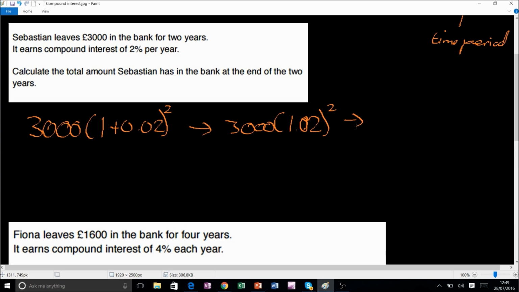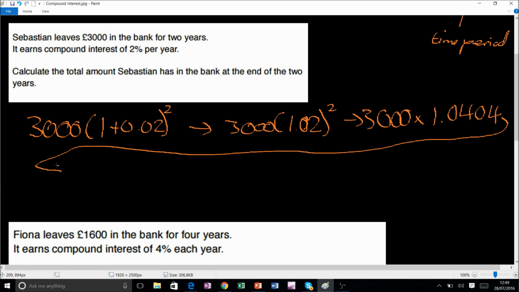Now, the first thing that you do when you have this sort of problem is you do the powers first. So we're going to do 1.02 to the power of 2, and that is going to give us around 1.0404, okay?